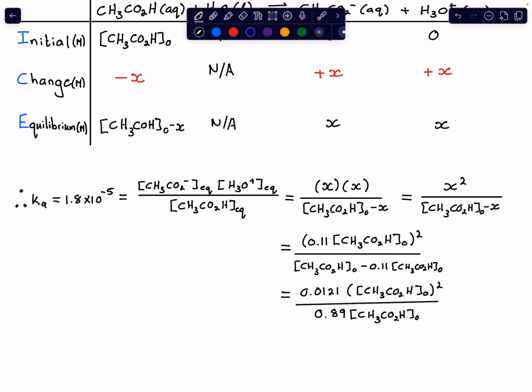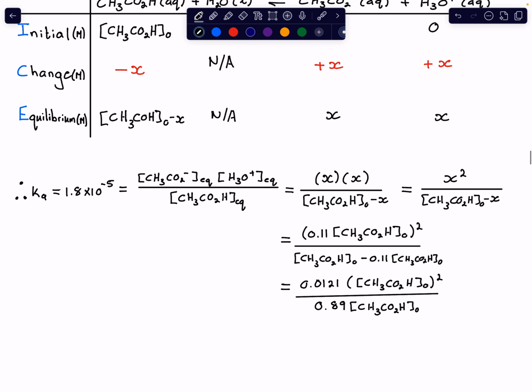It's the same as having the expression x minus 0.11x, which is 0.89x. Because we have the same thing at the bottom and the top, we can cancel those, and we're just left with 0.0121 divided by 0.89 times the initial concentration of our acid.